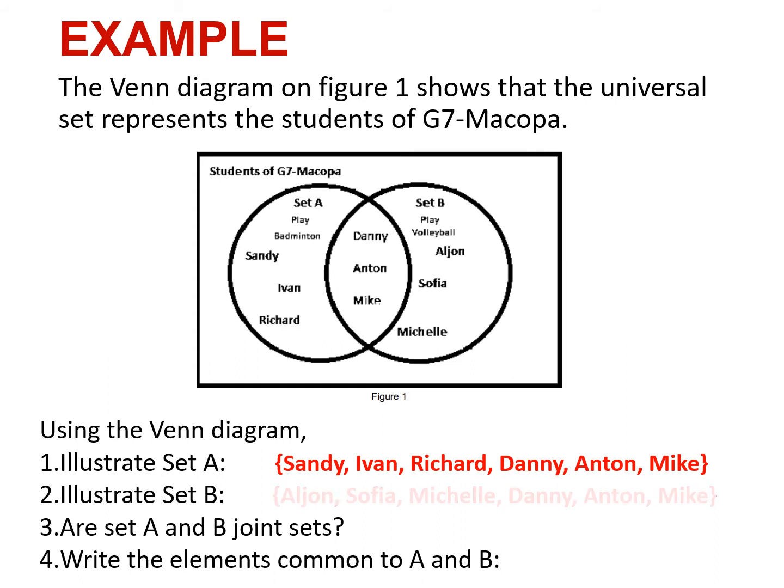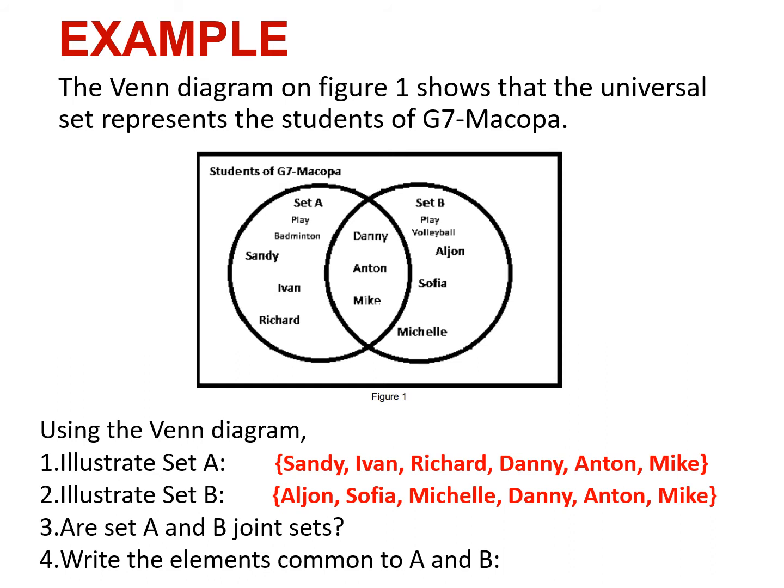So we have Aljon, Sophia, Michelle. Isasama din natin si Danny, Anton, and Mike because nasa loob din sila ng circle ng set B. So, if you are going to illustrate set B, we have Aljon, Sophia, Michelle, Danny, Anton, and Mike.